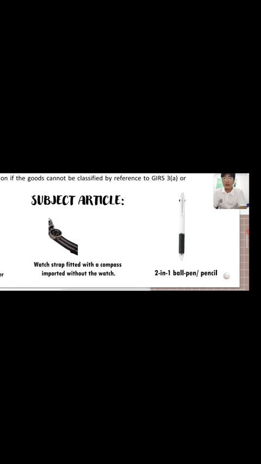parts including caps and clips of the foregoing articles, other than those of heading 96.09. Pencils are classified under heading 96.09, which covers pencils other than pencils of heading 96.08, crayons, pencil leads, pastels, drawing charcoals, writing or drawing chalks, and tailor chalks.